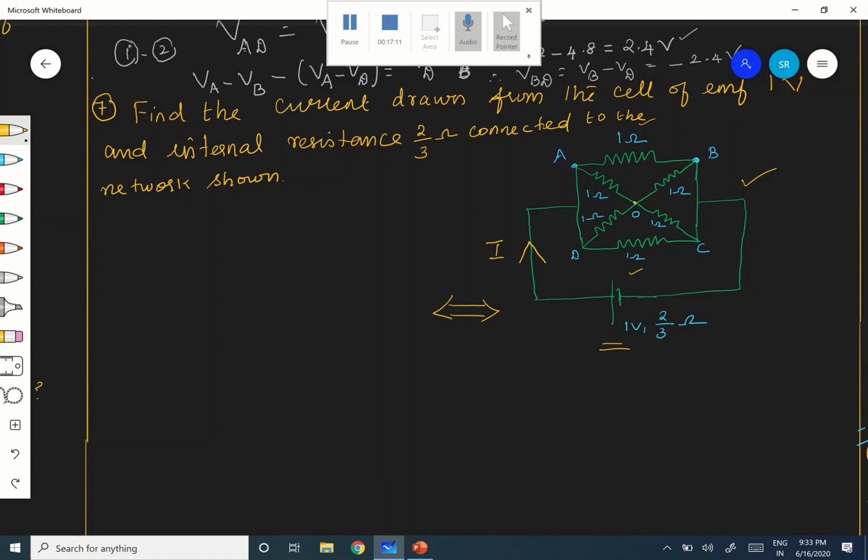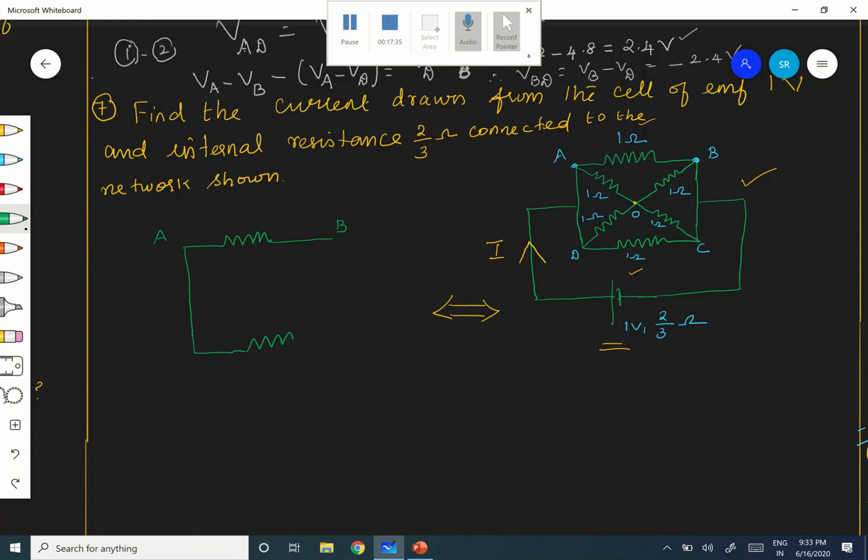See, I am going to draw the equivalent circuit. Let it be 1 ohm, it is A, B. Then after that, DC, first you draw.